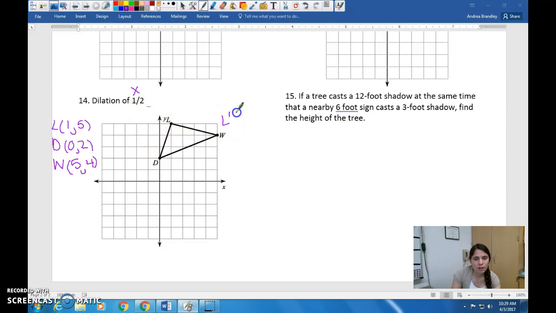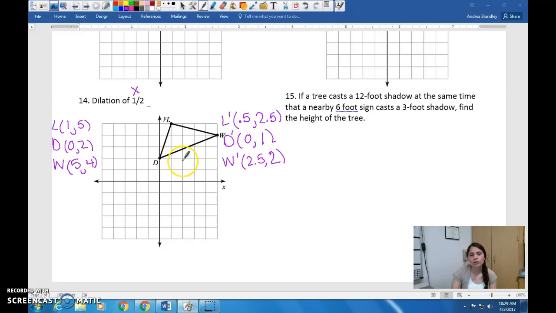So when I find my L prime, I'll do 1 times 1/2, which is 0.5, and 5 times 1/2, which is 2.5. And then D prime is 0 times 1/2, which is 0, 2 times 1/2, which is 1. W prime is 5 times 1/2, which is 2.5, and 4 times 1/2, which is 2.